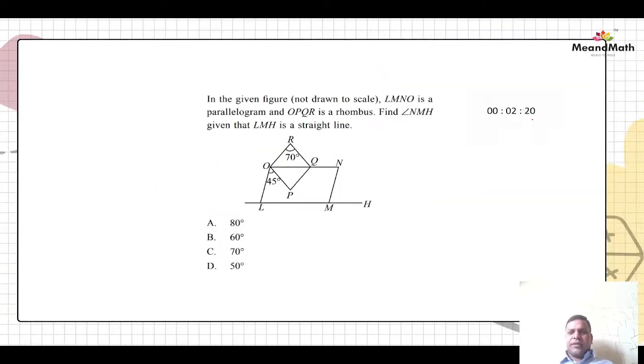Take your time. Focus on the question, focus on the diagram. Two angles are given, 45 degrees and 70 degrees. You have to find angle NHM.